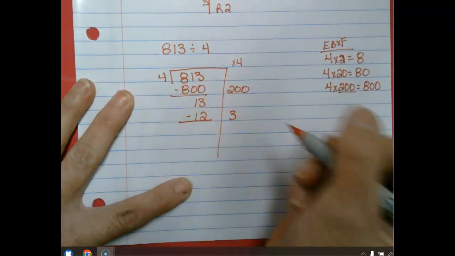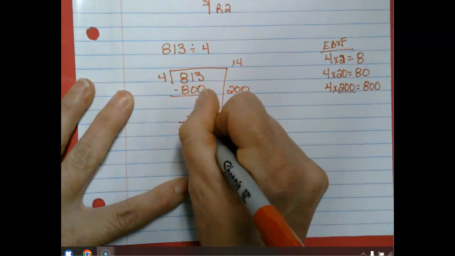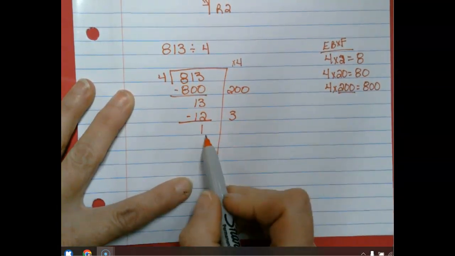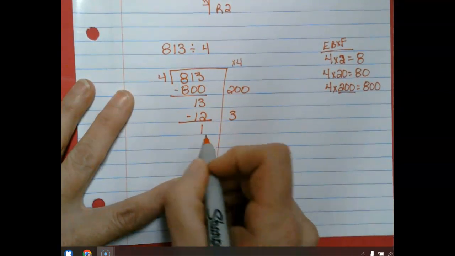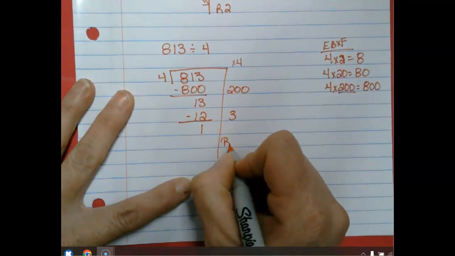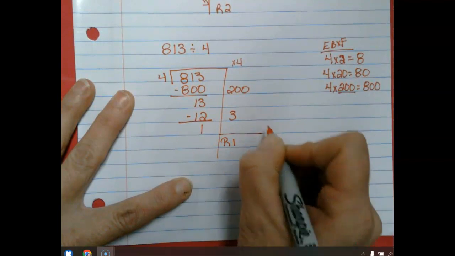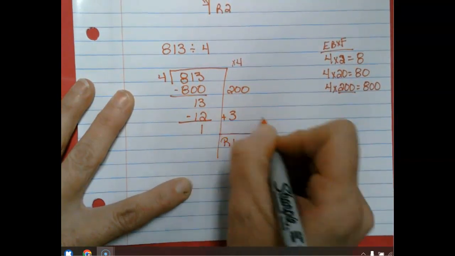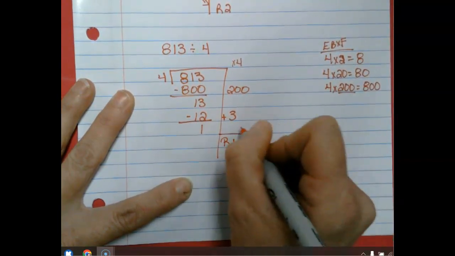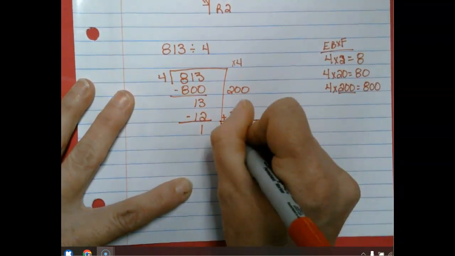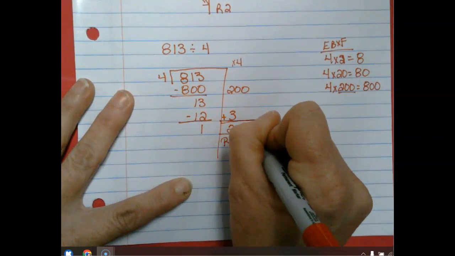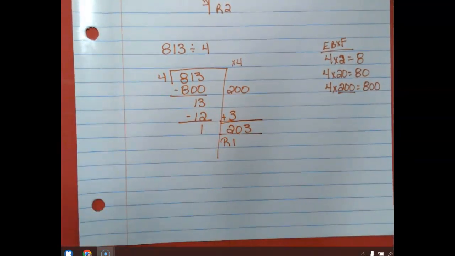And when I subtract 13 minus 12, I get 1. Well, I cannot put 1 into 4 groups equally, so 1 is my remainder. I have a remainder of 1. And when I add 200 plus 3, that equals, I should draw my line there, I apologize. That equals 203 with a remainder of 1.